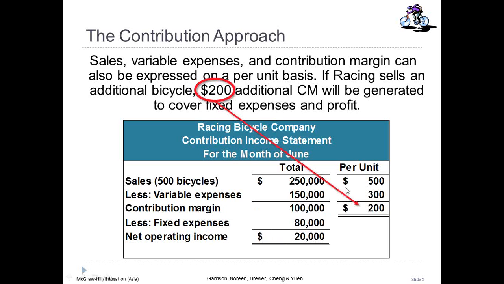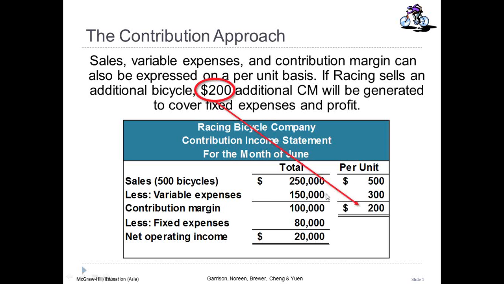So here, on a per unit basis, you can see that sales of 500 bicycles totaled $250,000, and $250,000 divided by 500 gives you $500 per unit. That's the unit sales price.